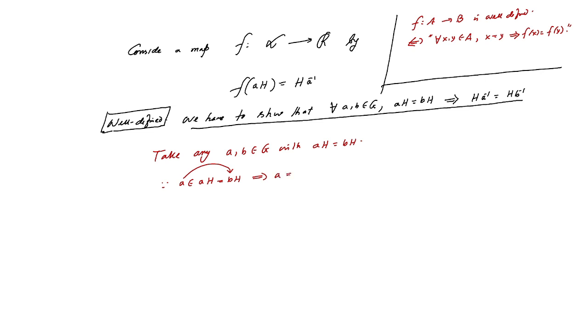That implies a equals bh for some h belongs to H. And hence you just take inverse on both sides. So a inverse will be h inverse b inverse, by the standard property that in a group (ab) inverse equals b inverse a inverse for all a, b belongs to G. Okay. So this relation holds.